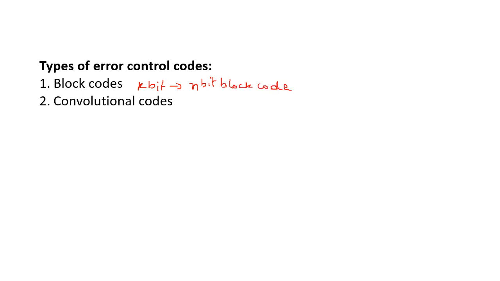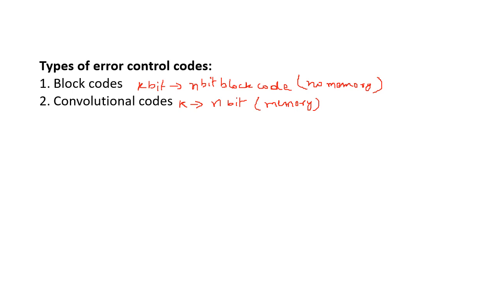In convolutional codes also, we convert k bits into an n-bit block. But the major difference between these two types of error control coding is that the block code has no memory unit, which we'll see when we draw the encoding circuits for block codes, and the convolutional code has a memory unit, which we'll also discuss in the next module of your syllabus.